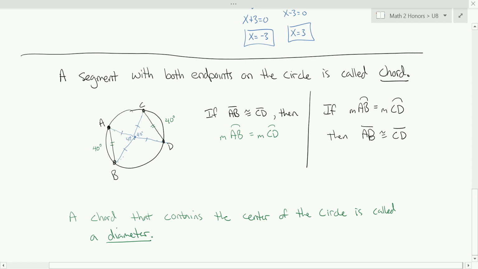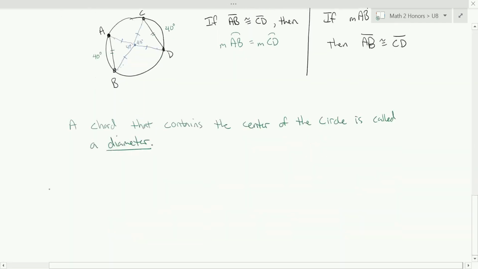Side angle side. And because the triangles are congruent, corresponding parts are congruent, and we get AB is congruent to CD. So just to know that relationship, if the chords are congruent, their arc measures are congruent, and vice versa. Okay, so let me give you another example that uses this fact.